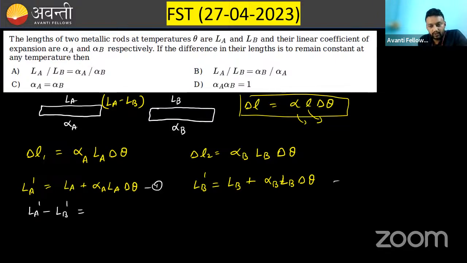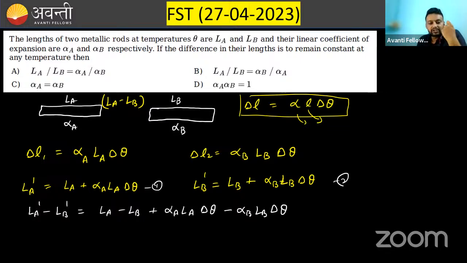I am subtracting these two equations. So what you will get is LA minus LB plus alpha A LA delta theta minus alpha B LB delta theta. I am subtracting these two equations, 1 and 2, nothing else. Don't think that something else is happening here.